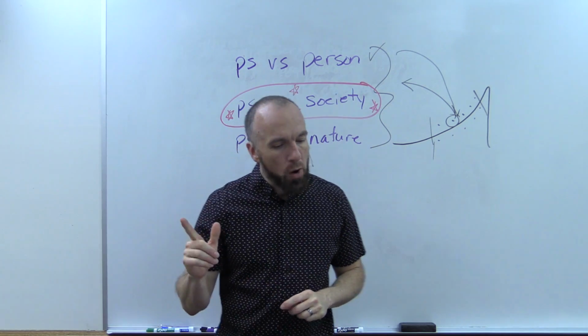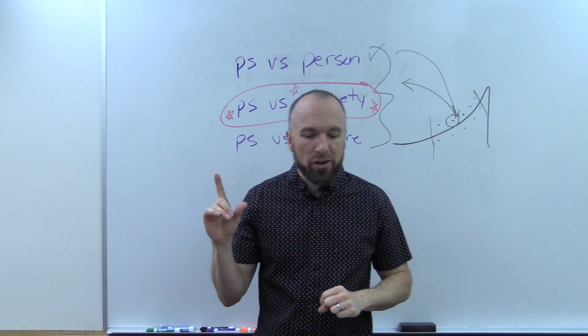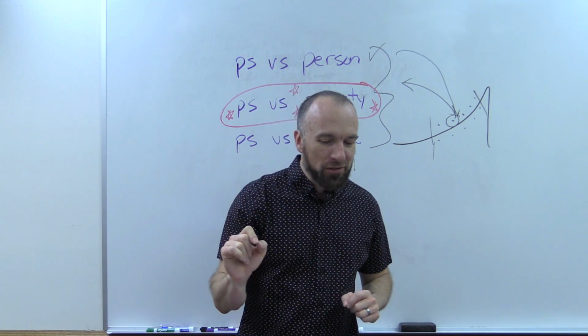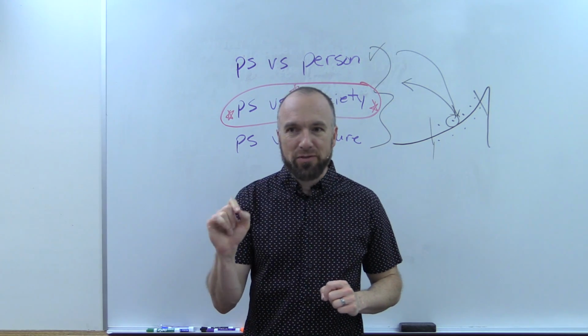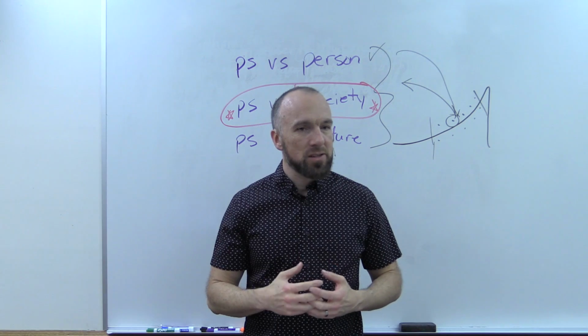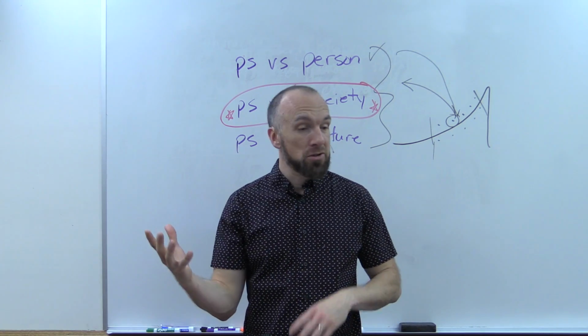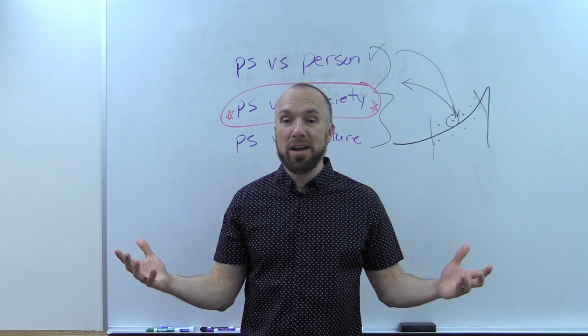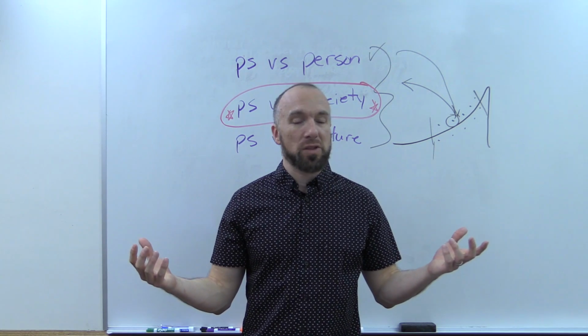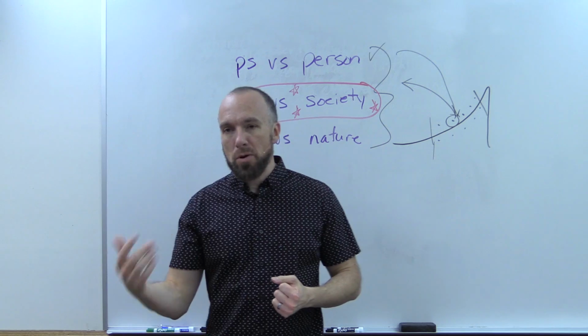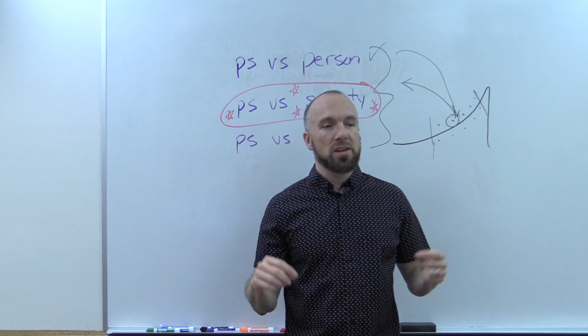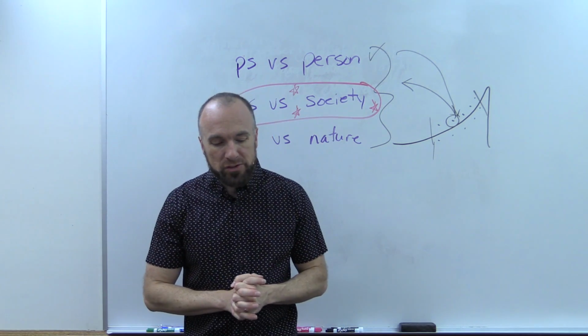So if you think about when Scout and her cousin Francis have a conflict, they get into a fight, that would be considered person versus person. And the explanation is we have one character in opposition with another character, and there is conflict. And so that would be an example of person versus person conflict, obviously that external kind.